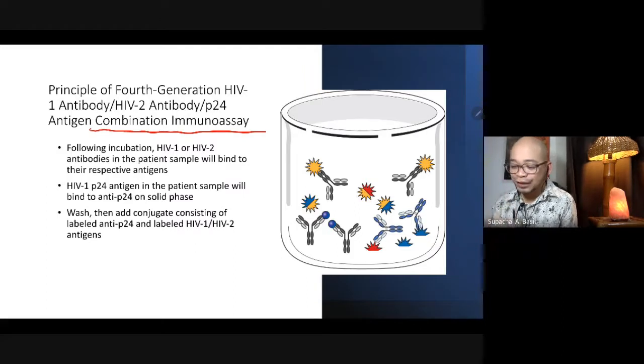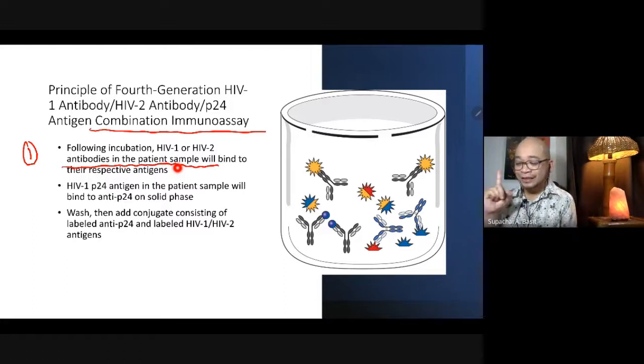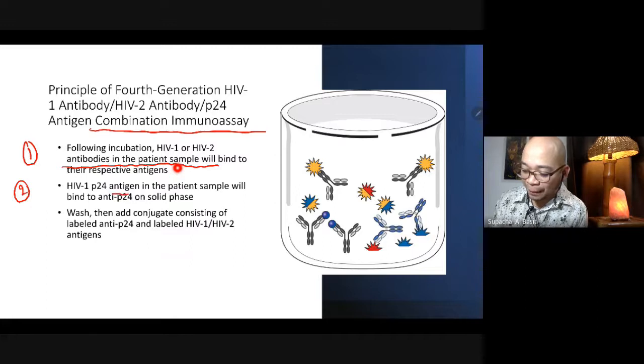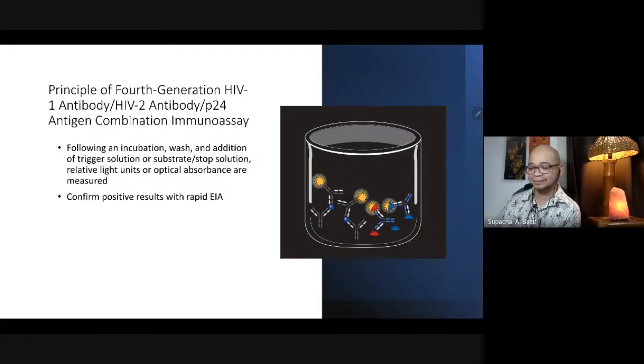So when we say combination, first we are detecting antibodies in the patient sample. Second, we are also detecting antigen in the patient sample. So it's a combination. We wash, then add conjugate consisting of labeled anti-P24 and labeled HIV-1 and 2 antigens.